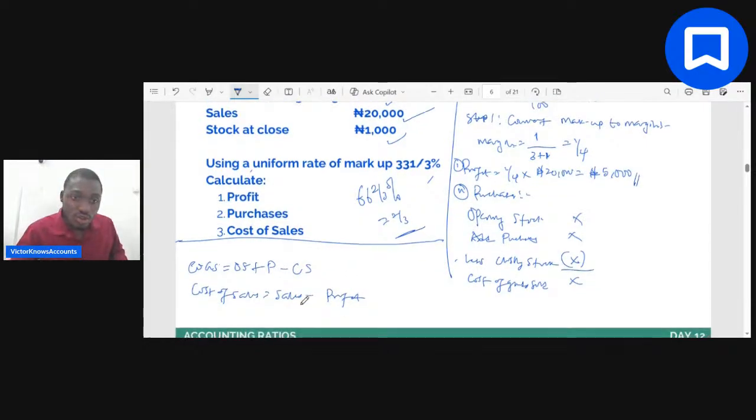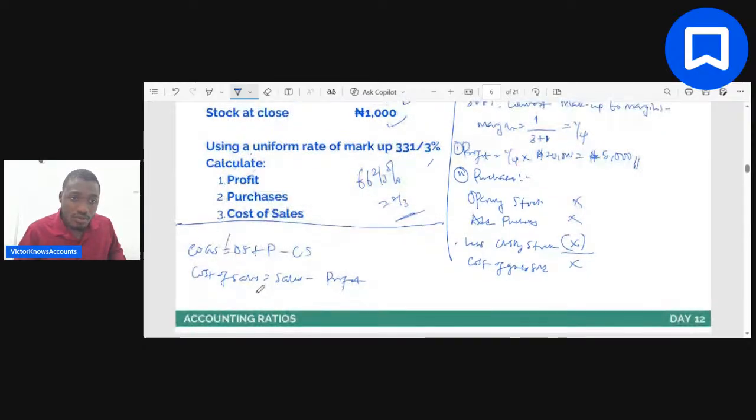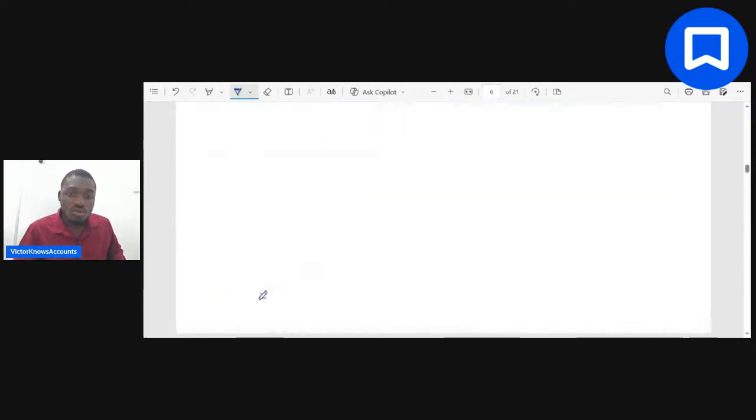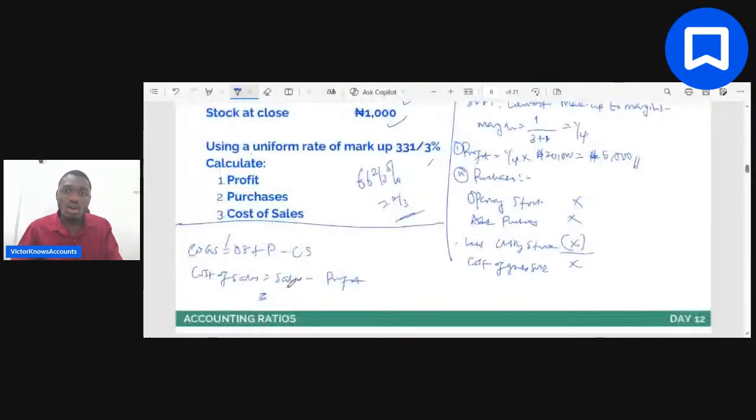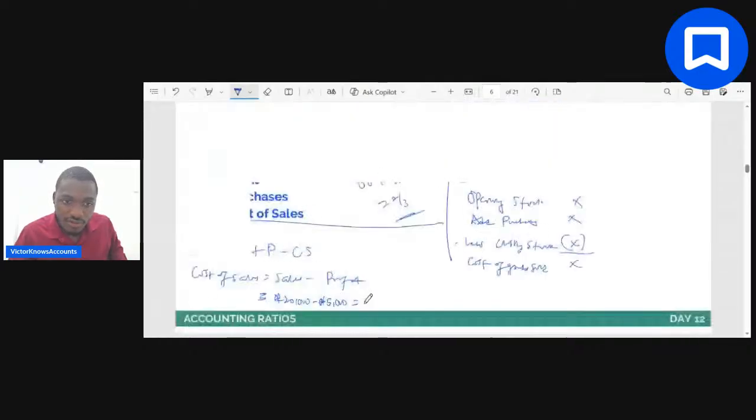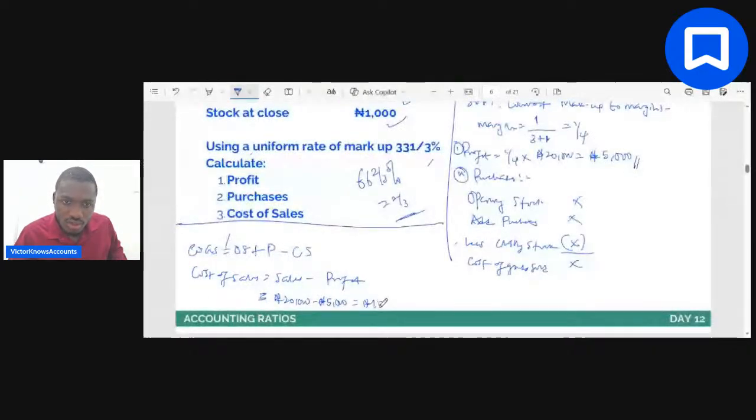So cost of sales equals sales, how much is sales? 20,000 naira, minus profit of 5,000 naira, and that gives us 15,000 naira as cost of sales.